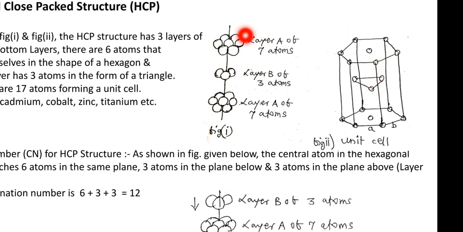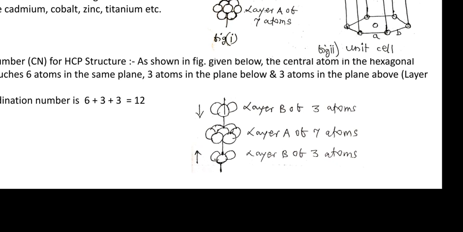During the solidification atoms arrange themselves in layers as shown in the figure. So what is the coordination number? This atom touches the 6 surrounding atoms in the same plane, 3 atoms below and 3 atoms above. Means what is the total coordination number? 6 plus 3 plus 3 is equal to 12.